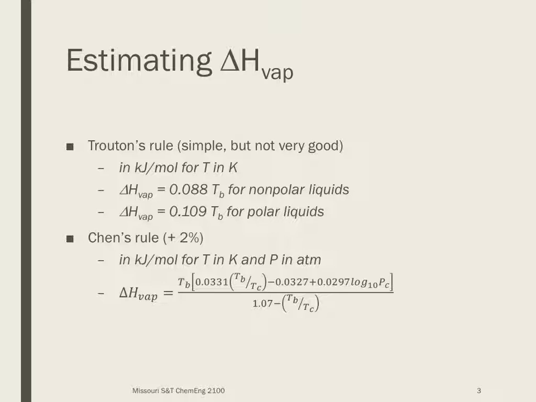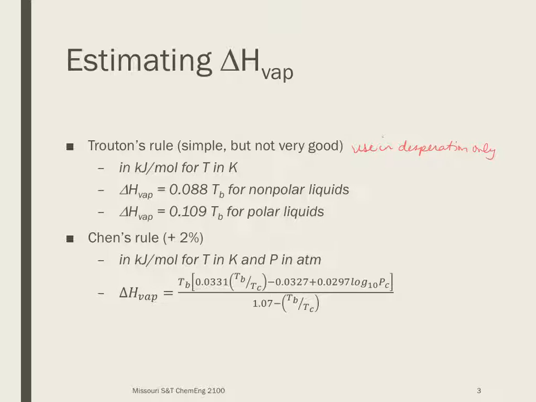We have a very simple-minded rule, Trouton's rule, which is very simple. It's not very good. It's kind of a desperation measure. Okay, so I would say use in desperation only. If you have nothing else to go on, use this.